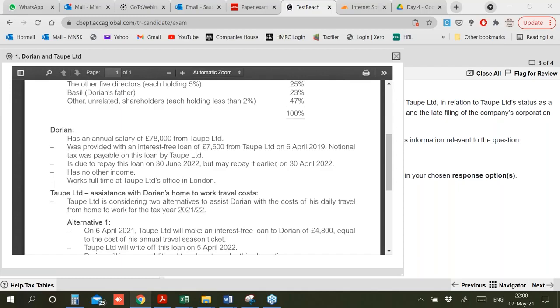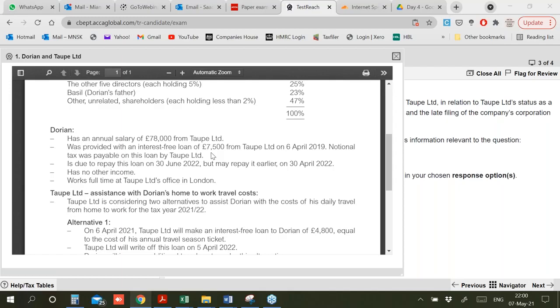No, guys, because he has exactly 5% holding and as per the rule he must have less than 5% of the holding. So notional tax will be payable on this loan by T Limited. T Limited will submit the 32.5%, and whenever D pays the loan back to T Limited, HMRC will return the tax.